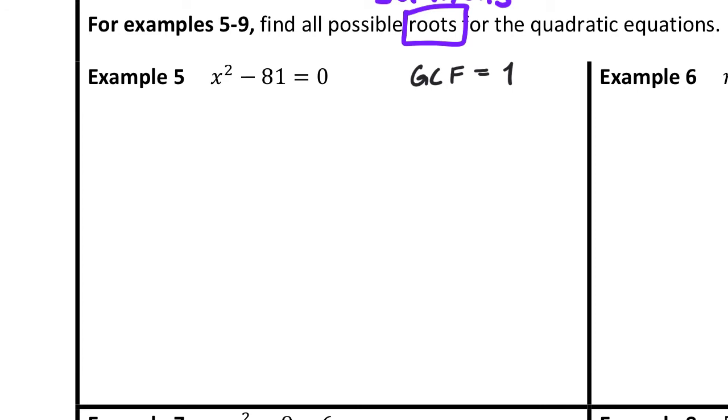Because remember, for the difference of squares, we wanted to check, if I square root the first term and the last term, do I get an answer, right? So I get x and I get 9. So yes, I can square root the first term and the last term.